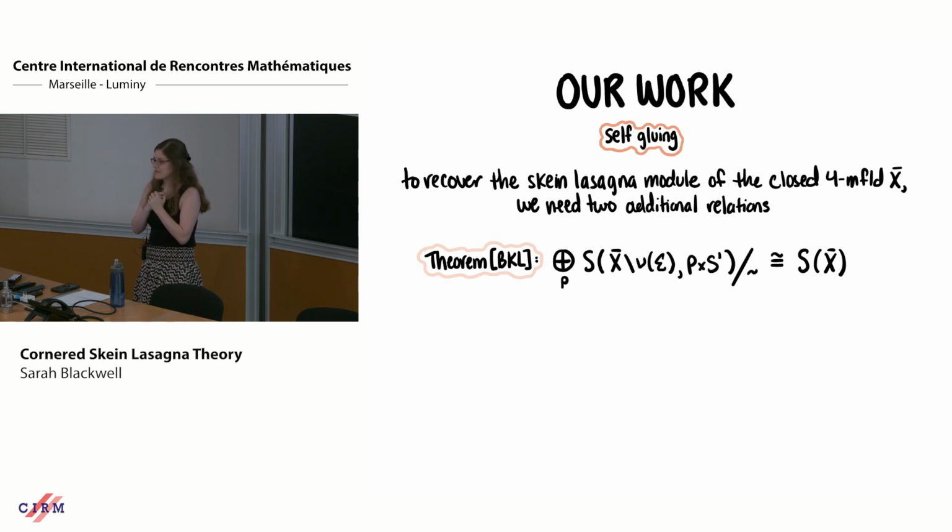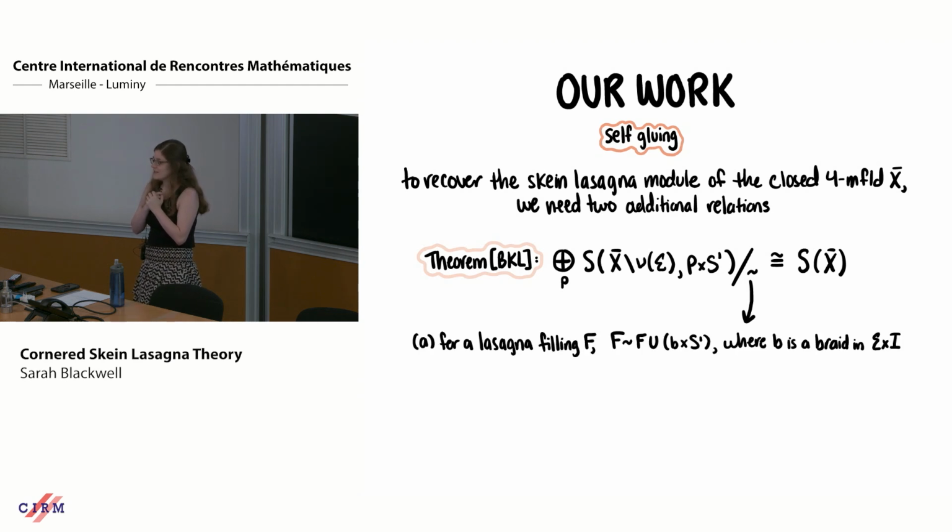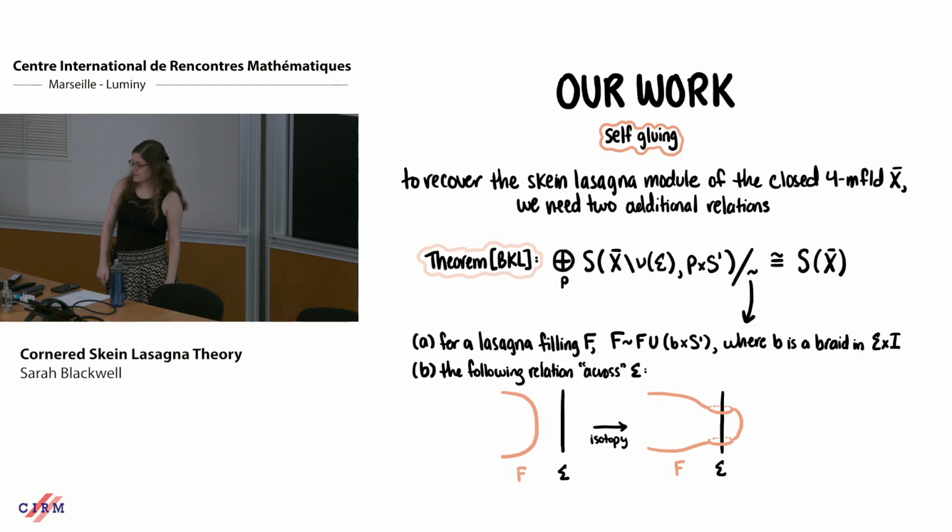So what do we need to mod out by to make this happen? On the one hand, we need this braid relation, and this shows up in other works related to this. So for a lasagna filling, you need it to be equivalent to its union some braid cross I, where B is a braid in Sigma cross I. And then you need this.